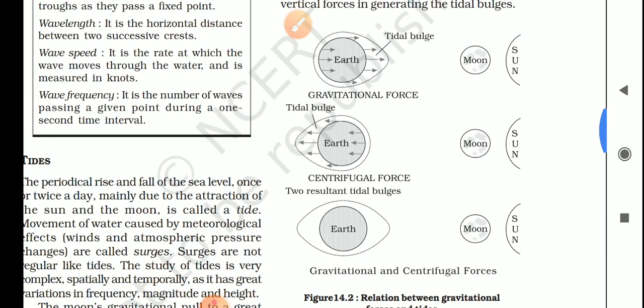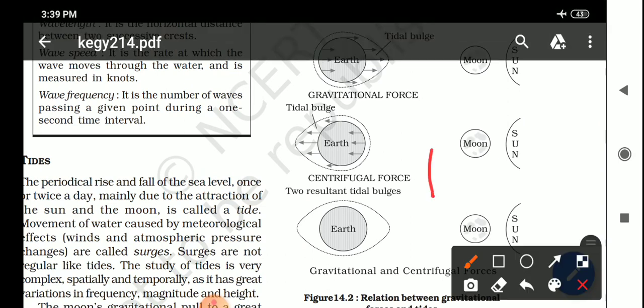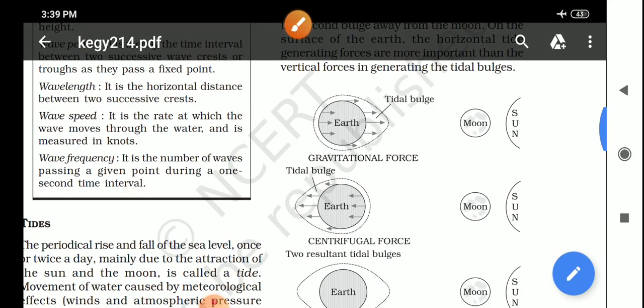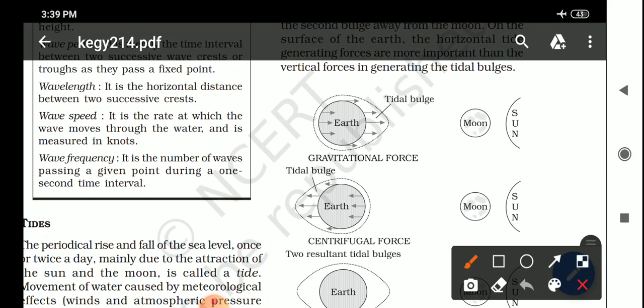In this picture, you can see this is the earth, and on the other side you can see the moon. So what is happening here? The gravitational force is there, that's why you can see the tidal bulge on this side.